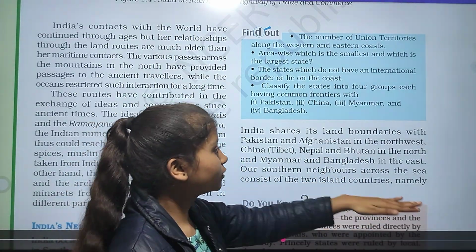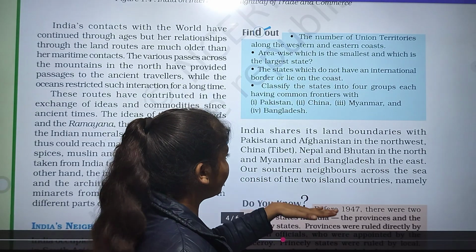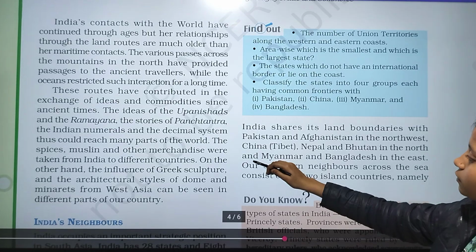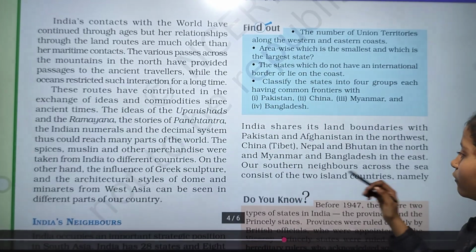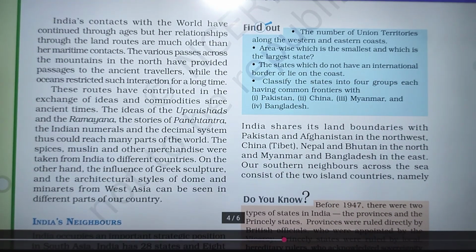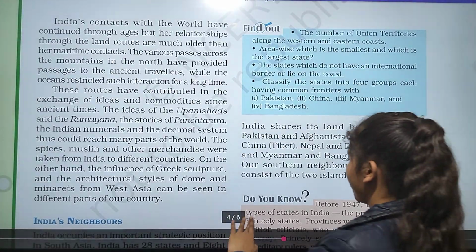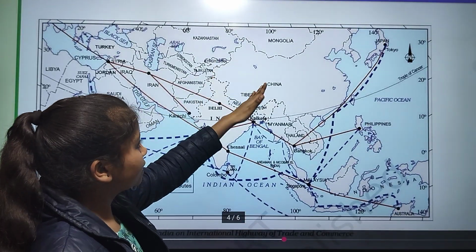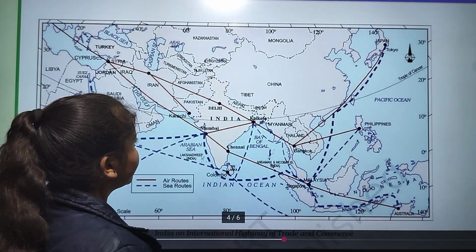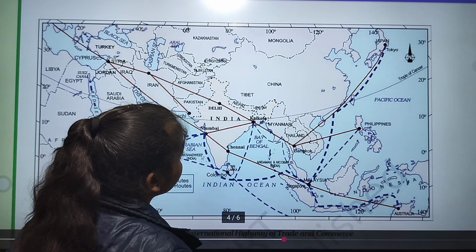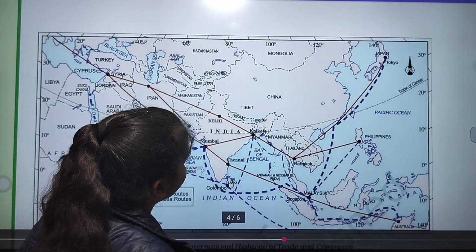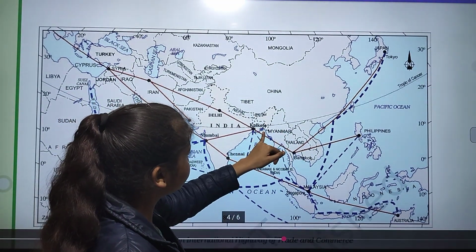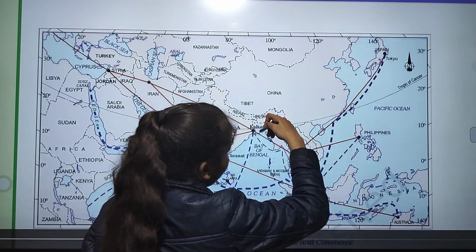China, Nepal, Bhutan in the north and northeast. Myanmar and Bangladesh in the east. And our southern neighbors across the sea contain 2 island countries. We can see here China, Nepal, Bhutan, and here Myanmar, and this one Kolkata. I think here is Bangladesh.